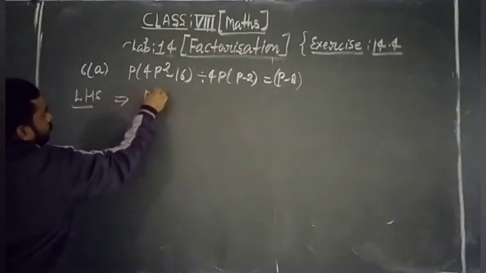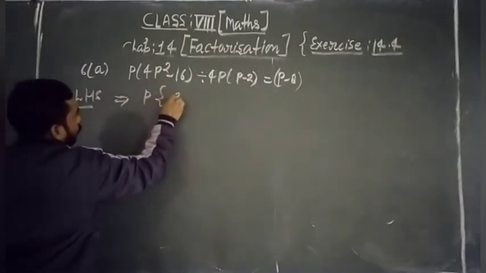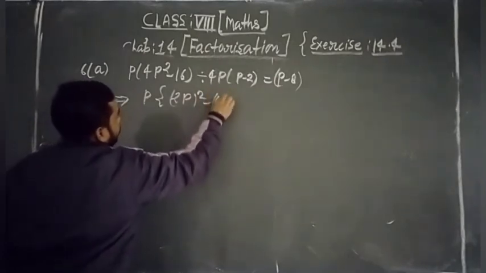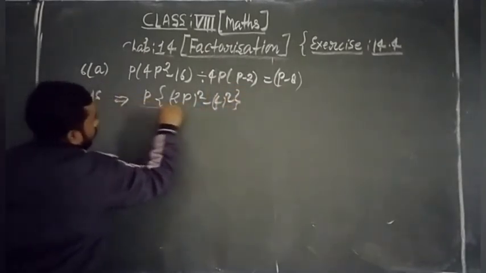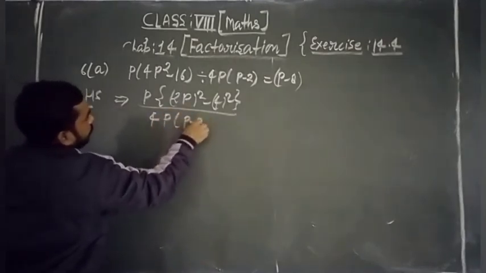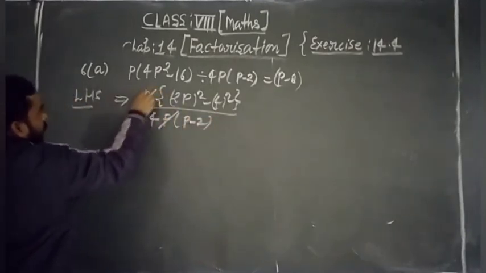So p right here, 2p square minus 4 square, upon 4p(p minus 2). P divided by p.